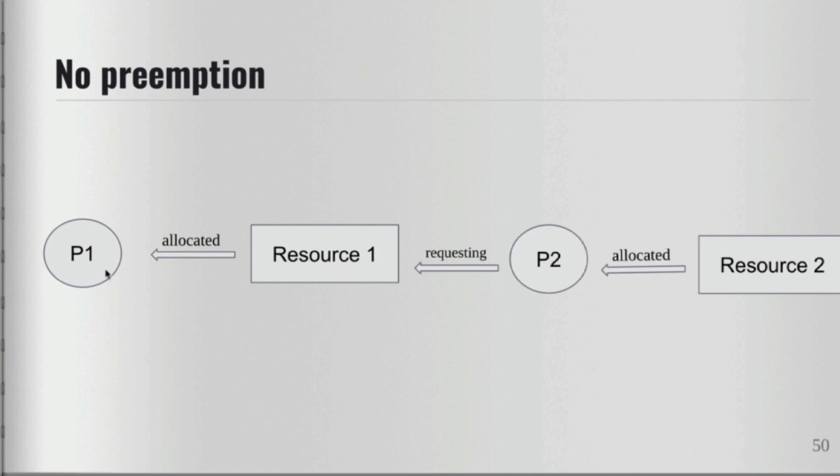So in this case, let's say P1 has been allocated resource 1, so it's using this resource and executing. If P2 tries to request resource 1, it's not going to get it until P1 finishes its execution and releases the resource voluntarily. So that's the meaning of no preemption: you cannot preempt a resource from another process while it's being used. You have to wait.